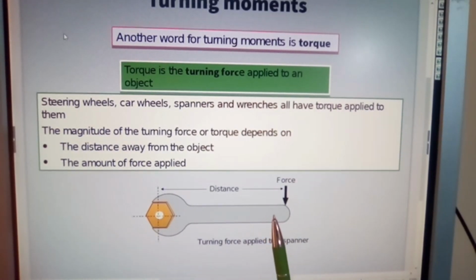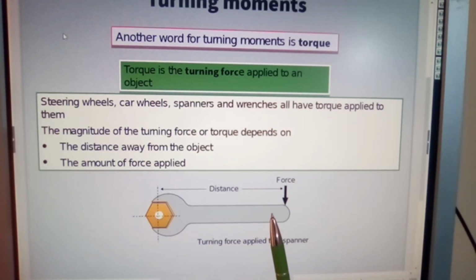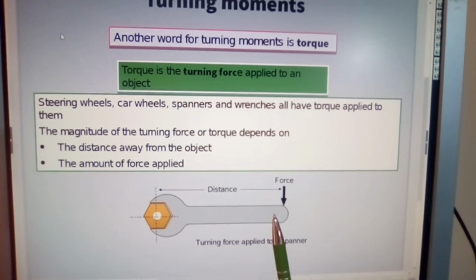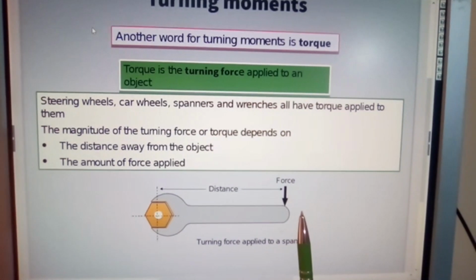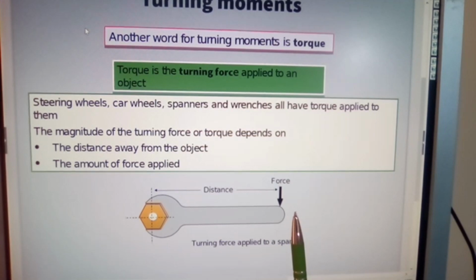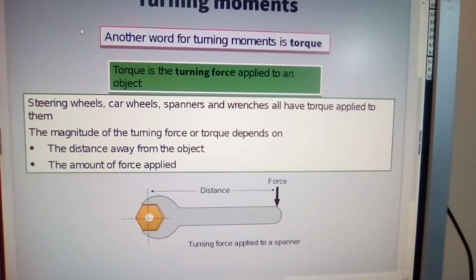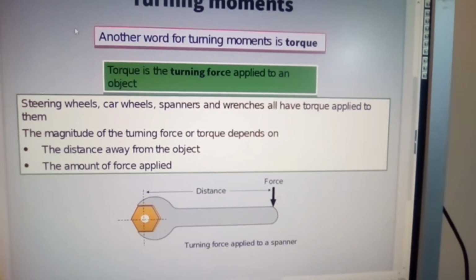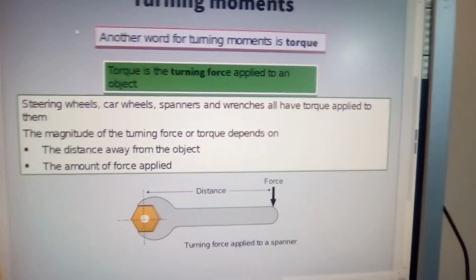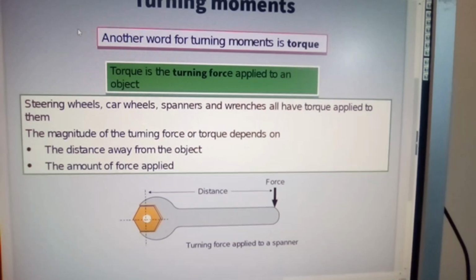But if I made the spanner 3 feet long, the force I would require to undo the nut becomes far less. I could almost just tip the spanner up and the nut would come off because of the force being applied due to the length of my spanner.